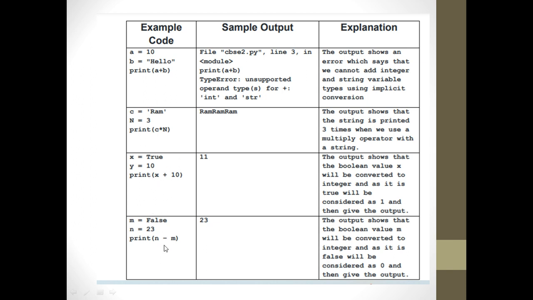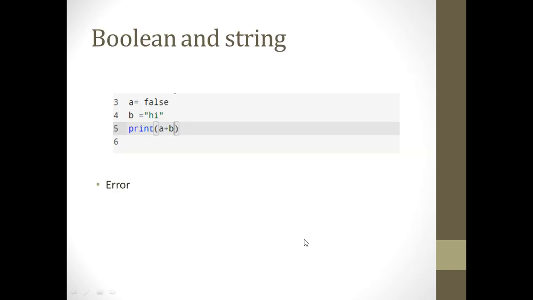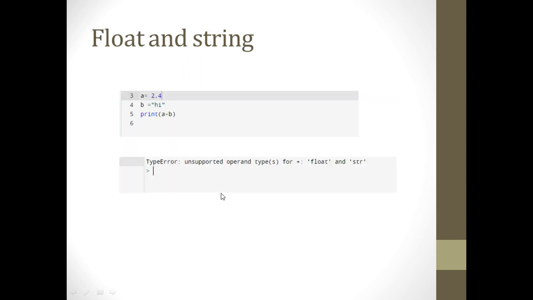Let us consider another example. Here n value is 23, m is false. So here it is print of 23 minus false, which is nothing but 0. So it becomes 23 minus 0, which is nothing but 23. Here again the boolean gets converted to an integer. Another example, if I try to print boolean and a string together, it shows an error.